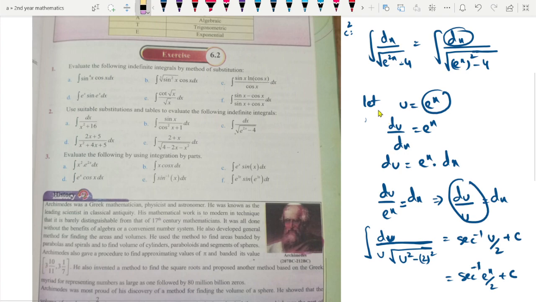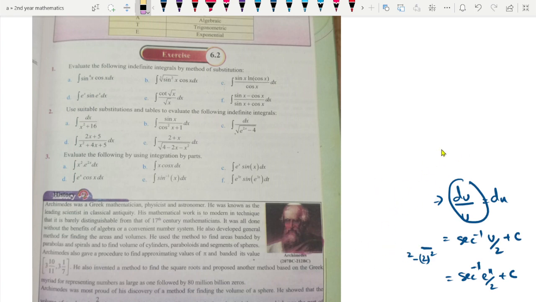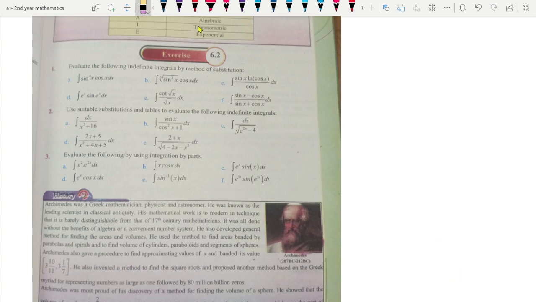Now we will discuss the next part of the question. Next part of the question is D part: integral of 2x plus 5 divided by x square plus 4x plus 5 dx. Now we will solve this one.